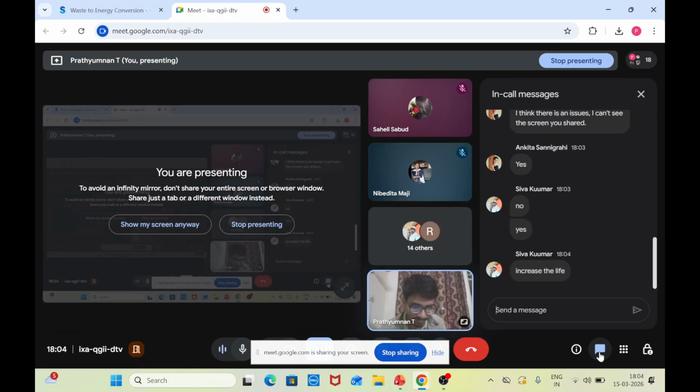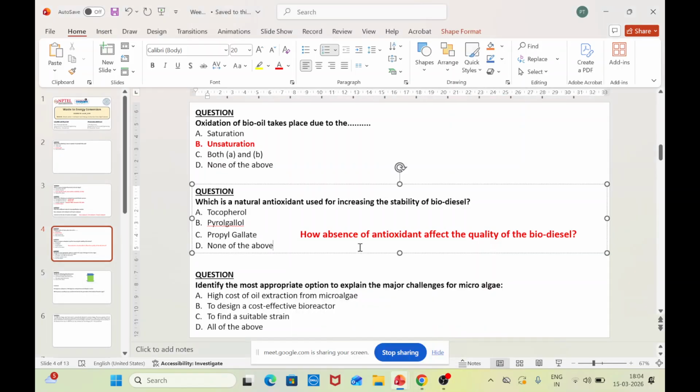Increase the life. Okay, so majorly we use an antioxidant so that the biodiesel's life is increased. Apart from that, any other reasons?